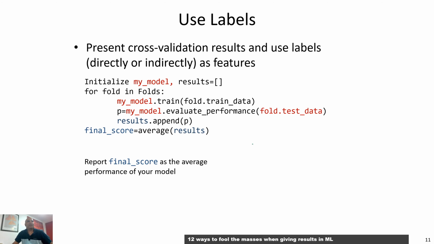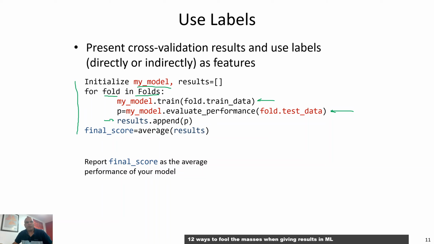Indirectly using labeled information in validation, and this is one way that can happen. So let's say this is a pseudocode for how you run your machine learning models. Let's say you initialize your model and then you run a cross validation fold. So you do a loop over all the folds. You use the training data for a certain fold to train the model, and then you evaluate it over the test data set, and then you append the results.